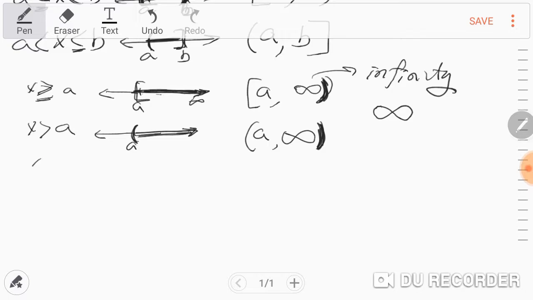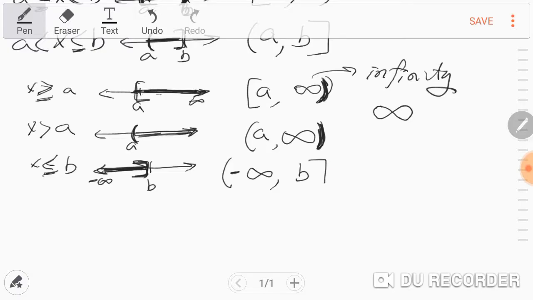Let's try another one. How about x is less than or equal to b? Based on the number b, x is less than, that means left of the number b. There's an equal sign, so we must have a bracket. Then the interval notation is, all the way from the left, negative infinity, up to b, and b is included.